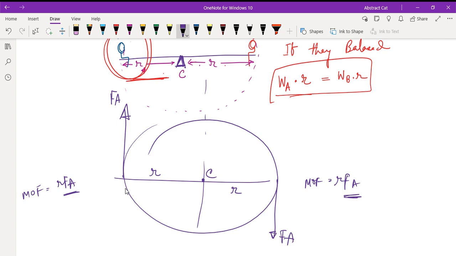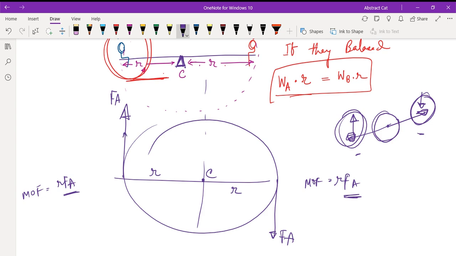It is like a bicycle pedal: one pedal goes down while the other goes up, forward and back. If someone applies force down here, the other goes up, provided it is the same force. The couple means two forces that are parallel.